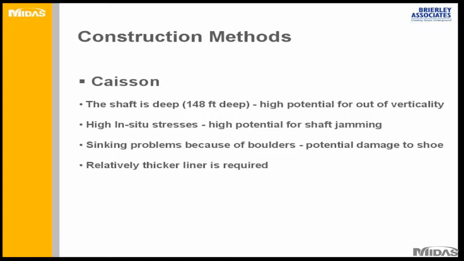For a caisson, if you have a 148 or 150 feet deep shaft, it will be hard to keep the verticality or keep it level during construction. In fact, once you exceed about 90 to 100 feet, you end up with problems keeping the verticality of the shaft, especially if you hit boulders and high in situ stresses, as in our case.